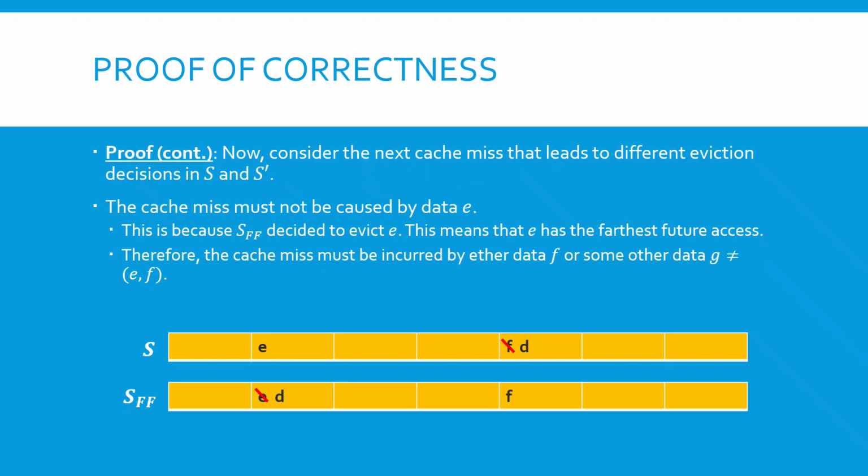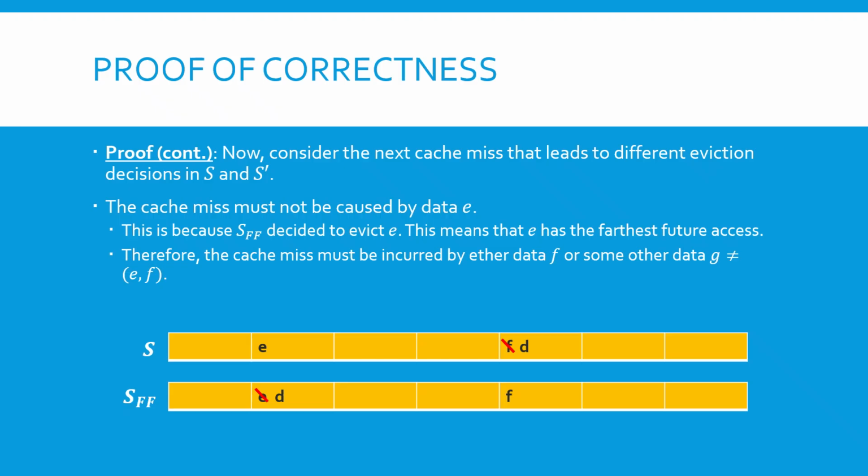Now, consider the next cache miss. Note that this miss does not have to occur at request J+2. It may happen later. When there are no cache misses, S prime does nothing.